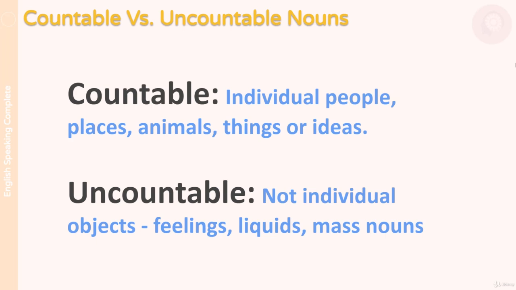Uncountable is generally for not individual objects such as feelings, liquids, and mass nouns. For example, transportation. So that's just giving you a bit of a hint there, but the list, of course, will help. So let's jump into a live speaking video, and I'll just pick out a few of my more favoured expressions and give you some examples of their use.